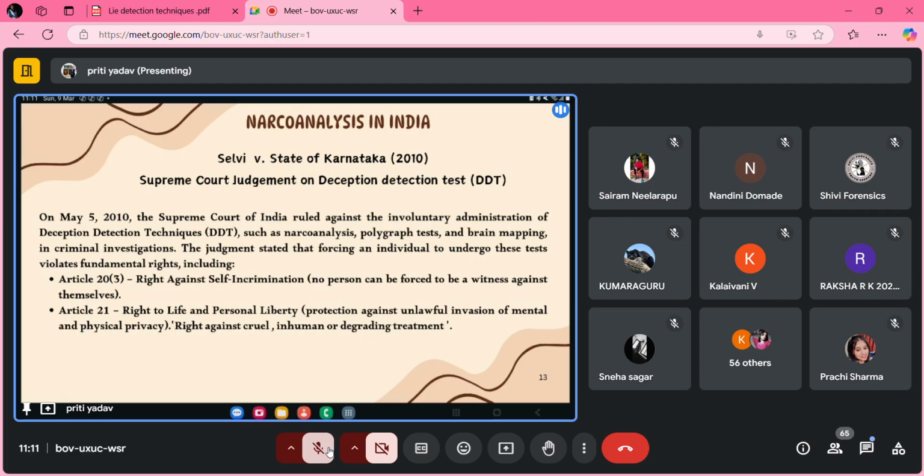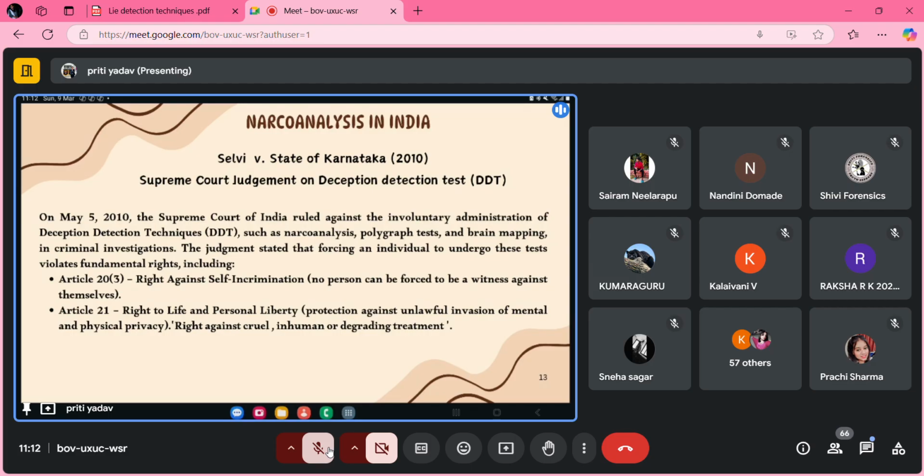So this is the most important slide: narcoanalysis in India. India has seen several high-profile cases where narcoanalysis was used. However, in Selvi versus State of Karnataka, 2010, the Supreme Court gave a landmark judgment based on violation of fundamental rights guaranteed under the Indian Constitution.